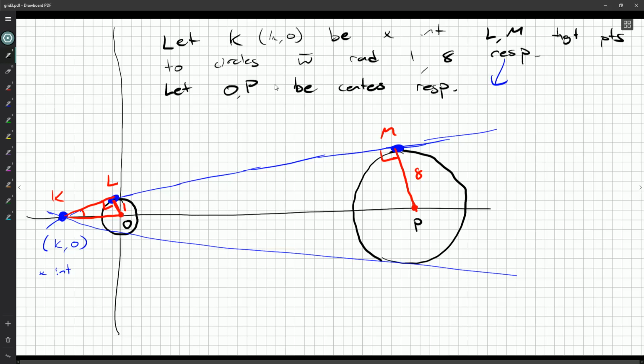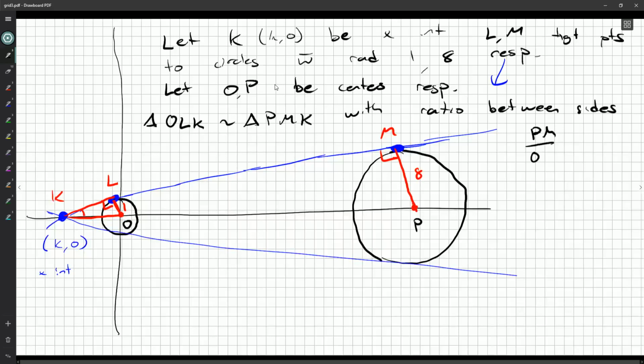So triangle OLK is similar to triangle PMK. That's nice because we know the ratio of their sides, because PM over OL is 8 over 1, which is just 8.